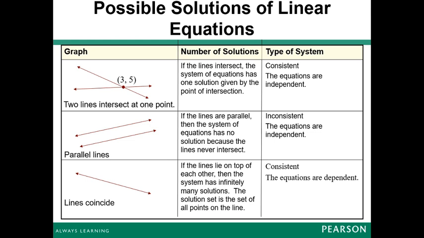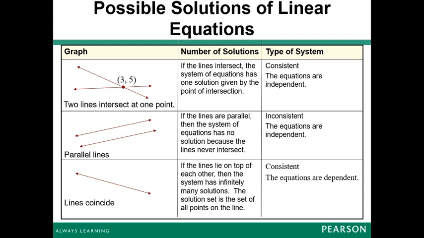Remember that when we are graphing the linear equations, two or more linear equations, in this case, two linear, we can find different types of solutions. One of them is two lines intersect at one point.